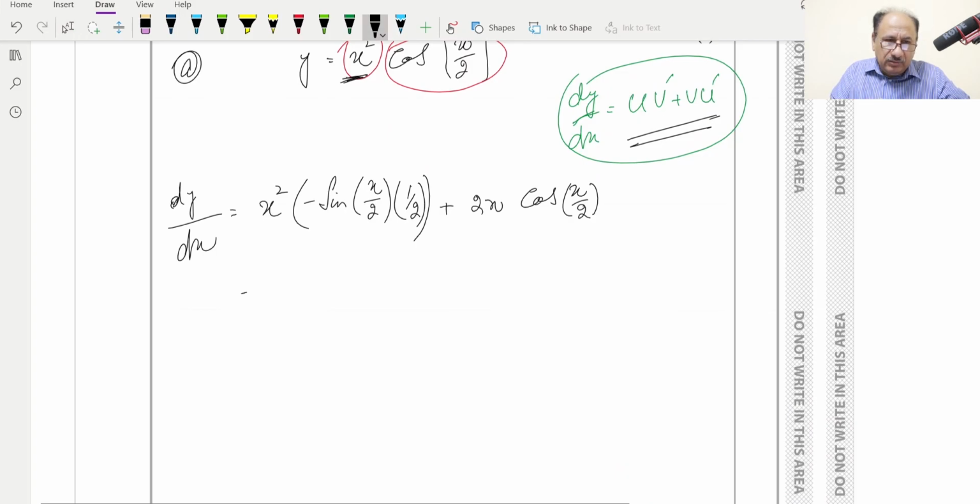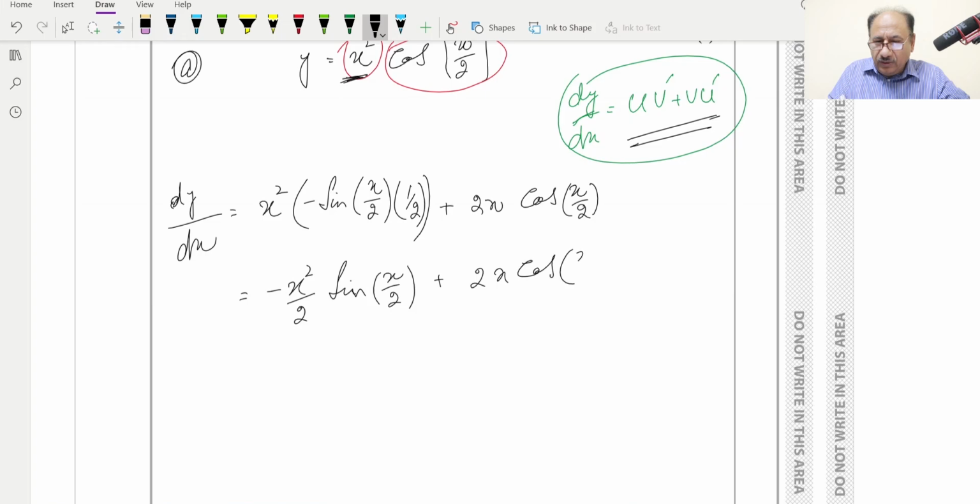Now we can simplify this. The minus x squared and the 1 by 2 we can take out, so minus x squared by 2 sine of x by 2 plus 2x cos of x over 2, and this is basically dy over dx.